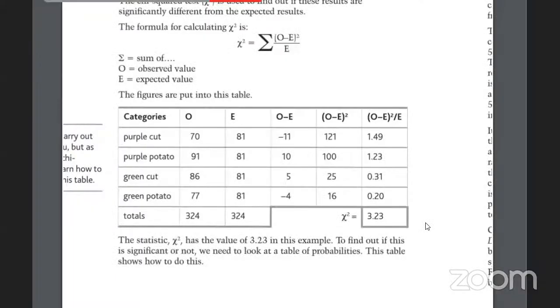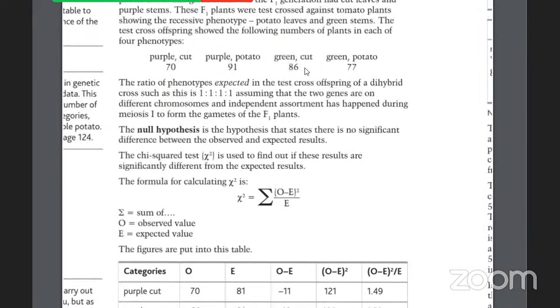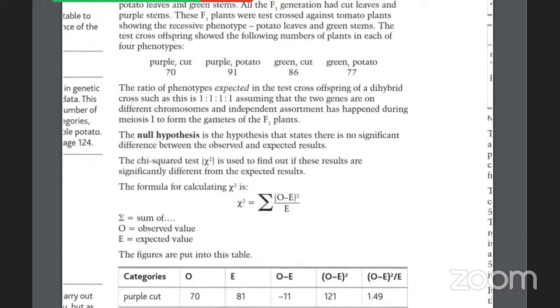All right, ready again. So everybody can see the table now, right? Yes, sir. All right, so this is the formula, the sum of observed minus expected. This one is a dihybrid cross. In this particular example, they were describing tomato plants.